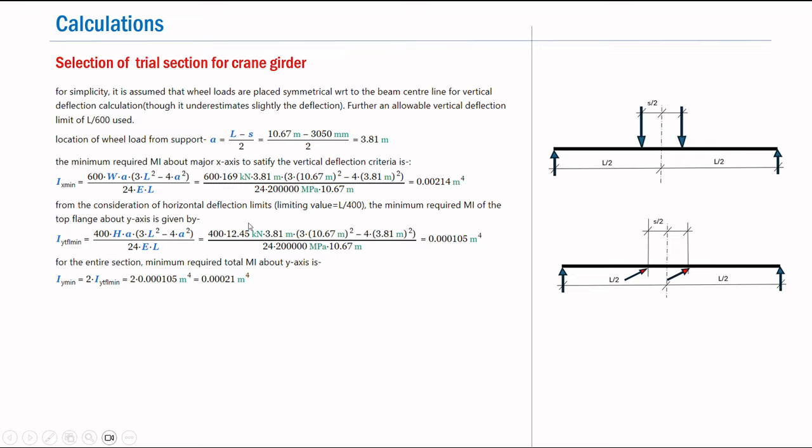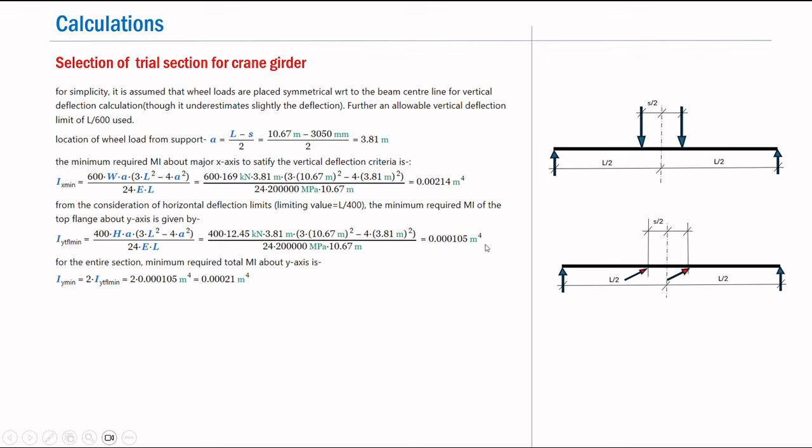In a similar way, we also calculate the minimum requirement of moment of inertia about the minor axis using a limiting value of the horizontal deflection of L by 400, and this works out to be Iy minimum is equal to 400 into HA into 3L square minus 4A square divided by 24 EI, and that is equal to 0.00105 meter raised to 4.